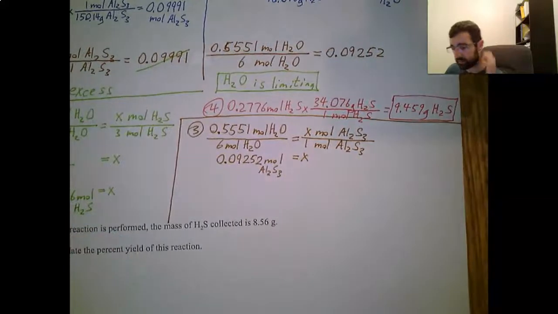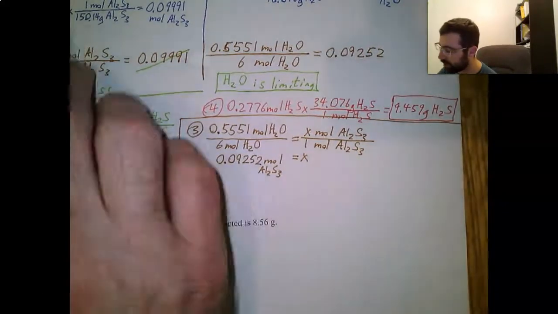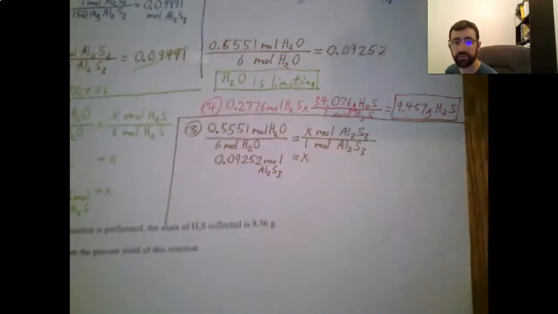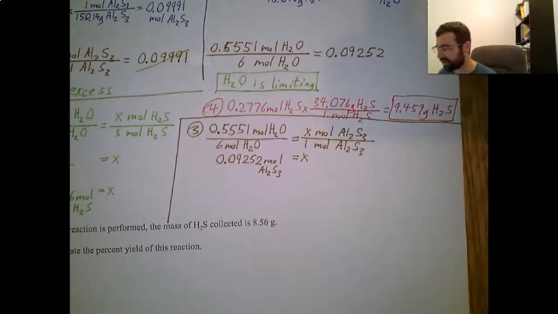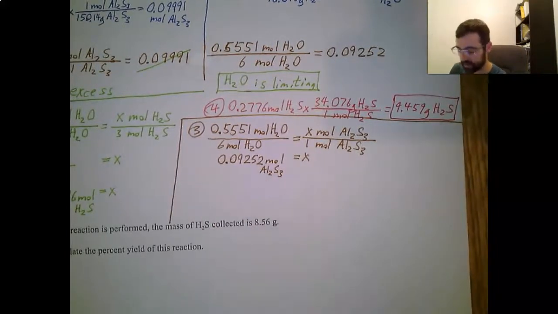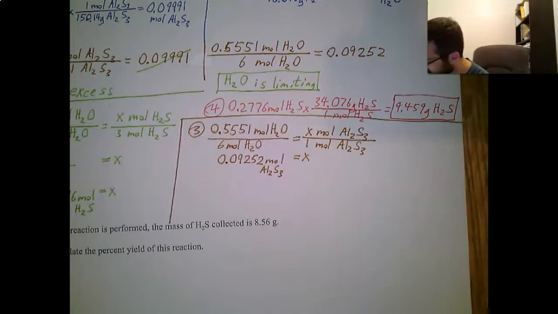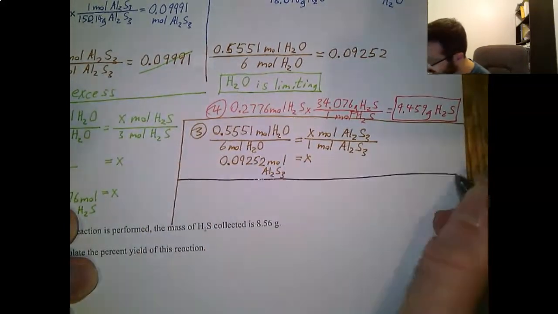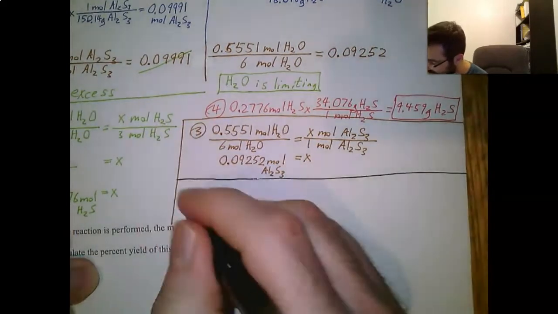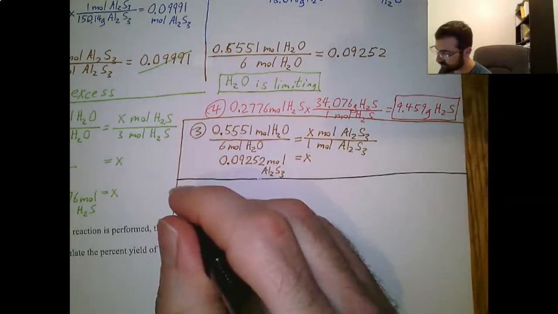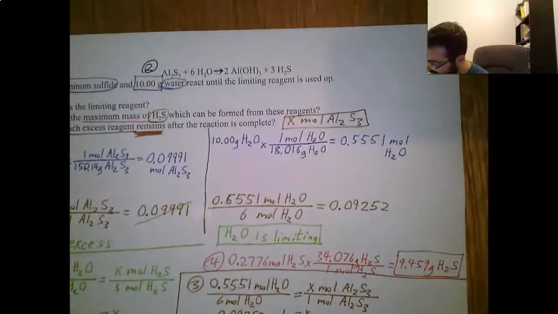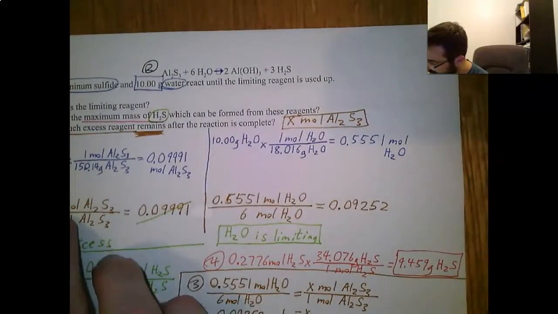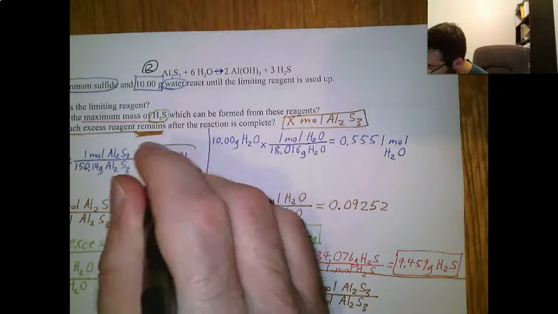That's moles. And I didn't really specify, I just said amount, how much excess reagent remains. If you want to do fewer calculations, we may as well just subtract the moles. So let's do that. How many moles did I start with? Moles of Al2S3. We're going to make this our last step. I started with this many moles of Al2S3, right?